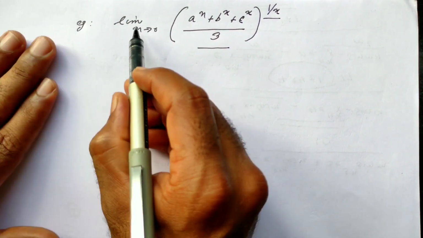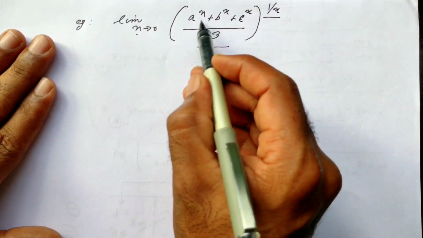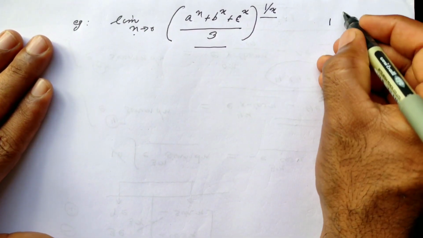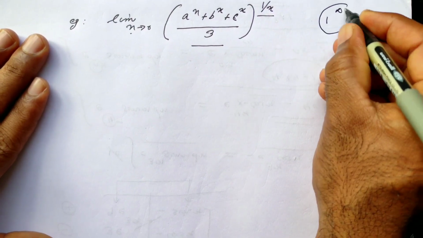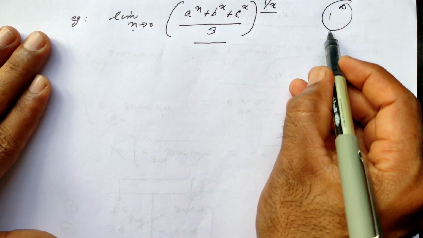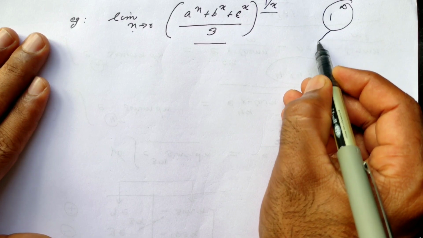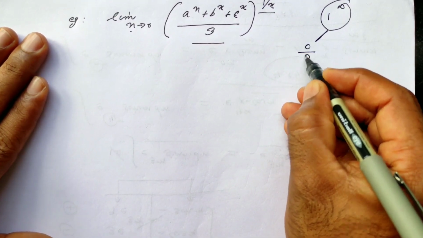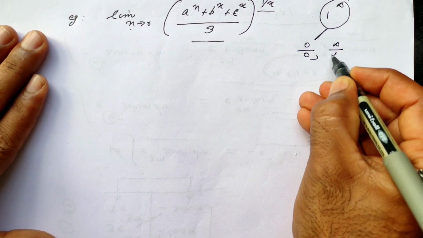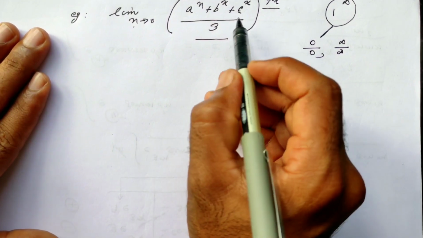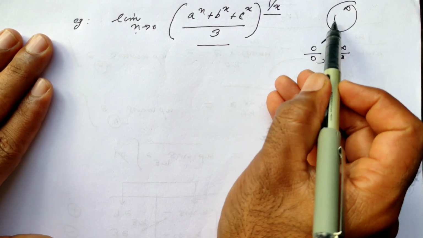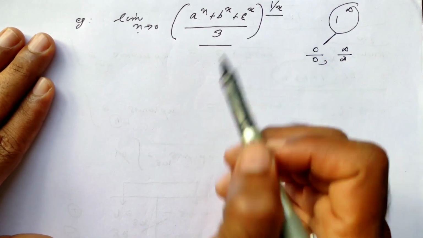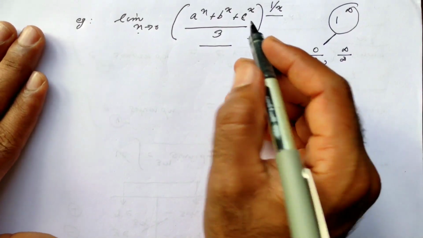When we apply the direct limit 0 here, it is in the form 1 raised to infinity and it is indeterminate. But we can't apply L'Hospital rule to the indeterminate form 1 raised to infinity. It should be converted into either of the forms 0 by 0 or infinity by infinity. So to convert the indeterminate form 1 raised to infinity into 0 by 0, for a function raised to another function, we have to take log here.